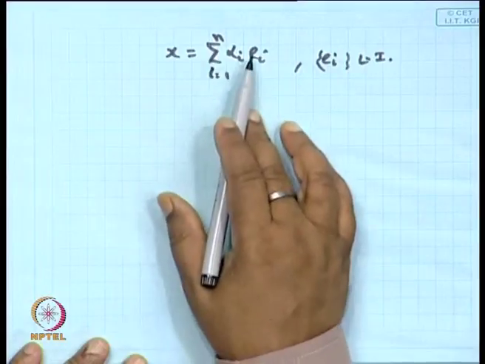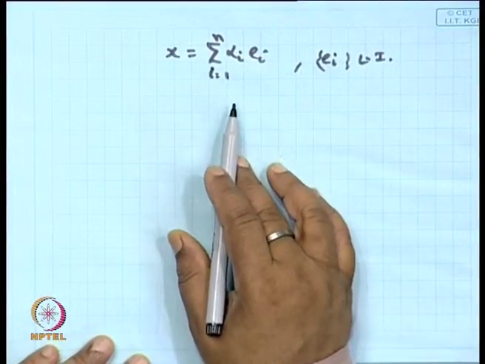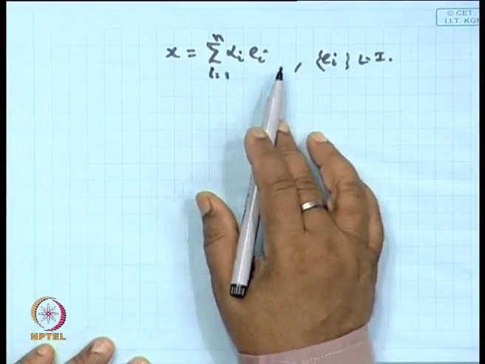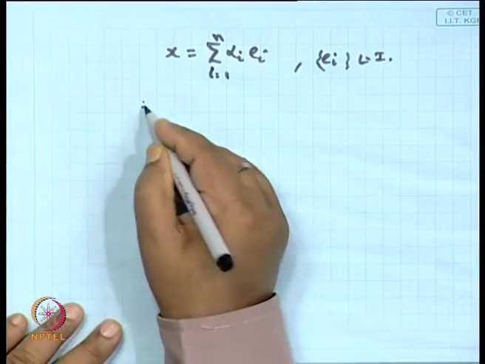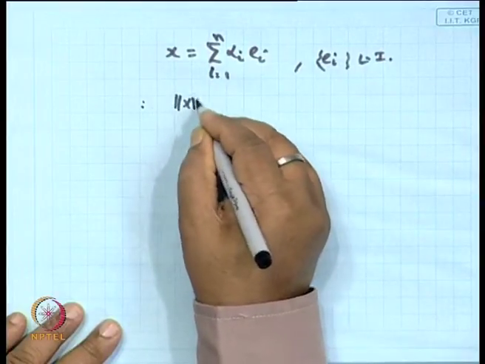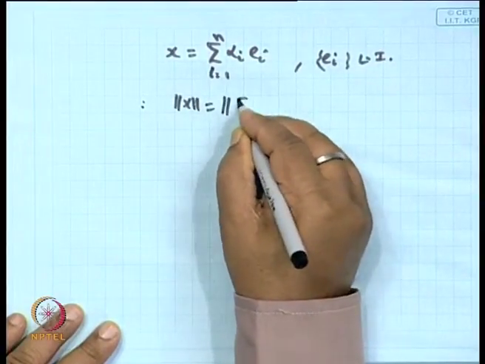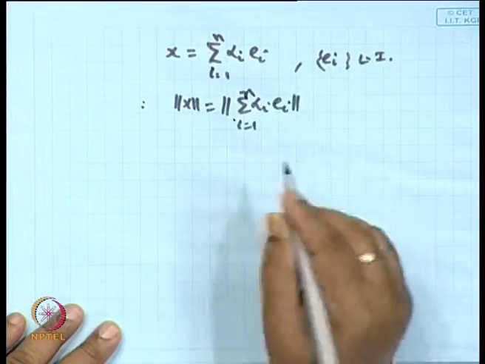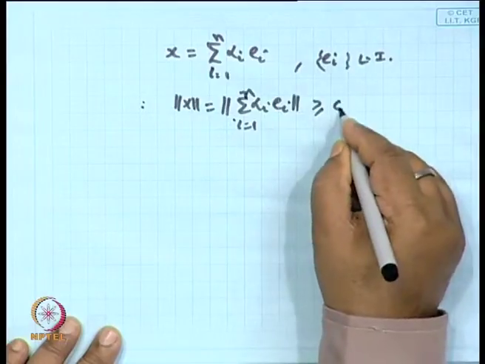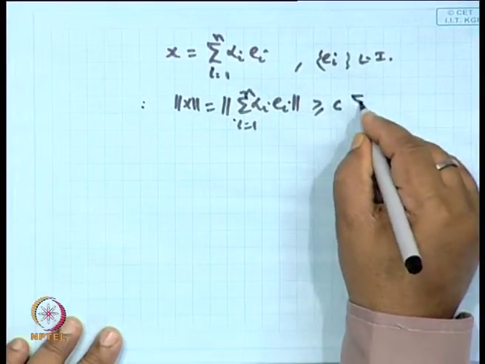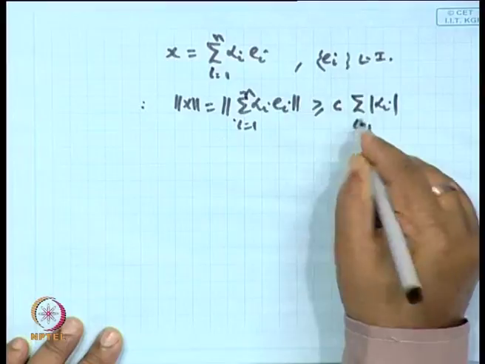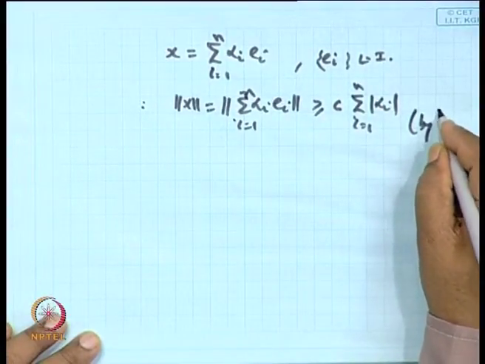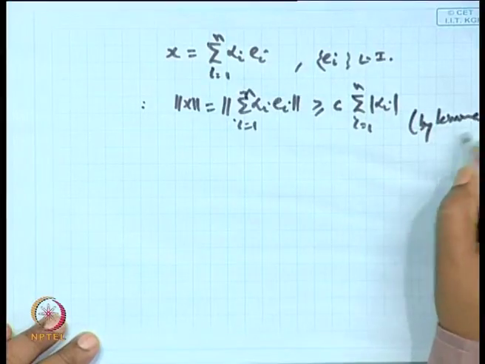That is, one can find a constant c such that the norm of this is greater than or equal to c times the sum of the moduli of the scalars. So, we get from here the norm of x, which is equal to the norm of the sum of alpha_i e_i, i equal to 1 to n, and again apply this. So, there exists a constant c such that this condition holds, by the lemma proved earlier.